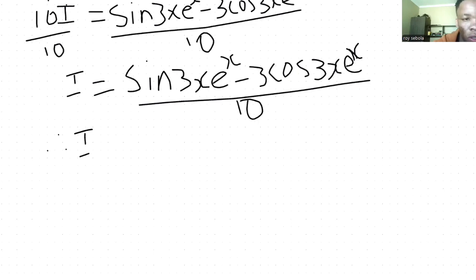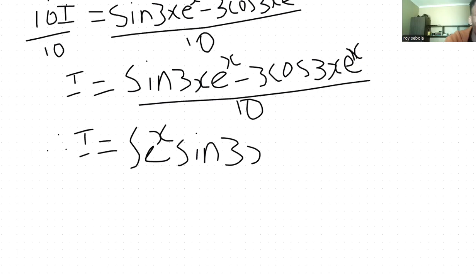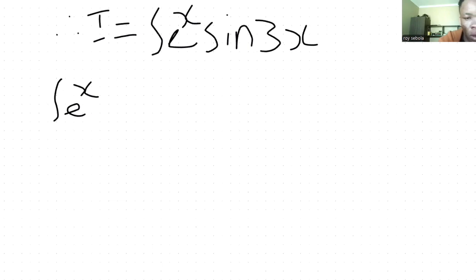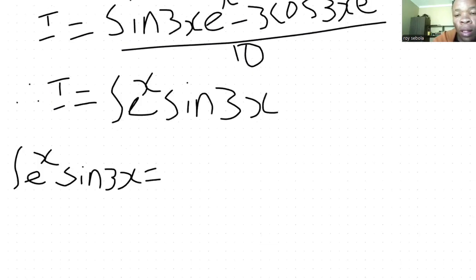So we substitute: the integral of e to the x sine 3x is equals to sine 3x e to the x minus 3 cos 3x e to the x, all divided by 10.